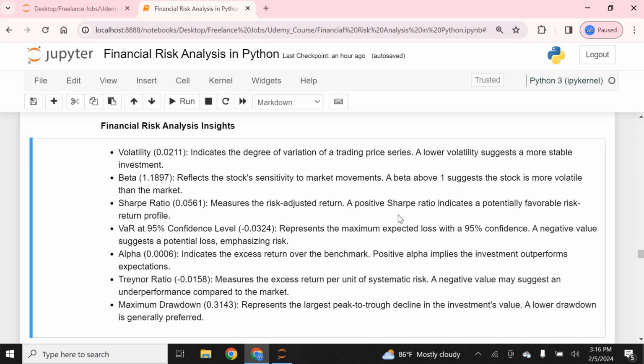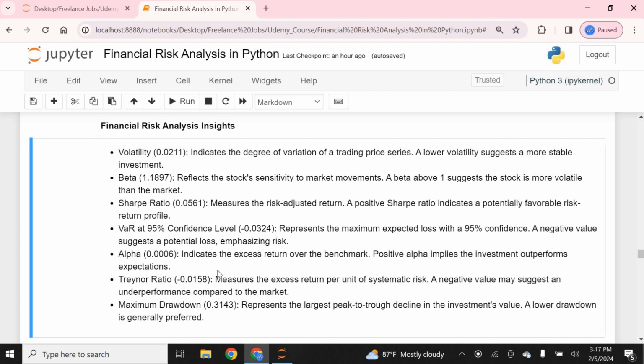A positive Sharpe ratio indicates a potentially favorable risk-return profile. The VAR at 95% confidence level represents the maximum expected loss with 95% confidence. A negative value suggests a potential loss, emphasizing risk, right?